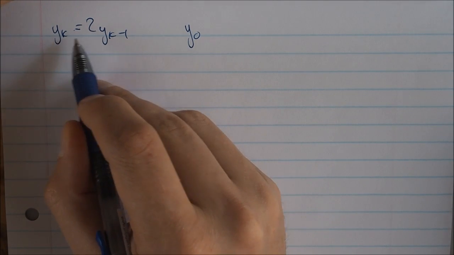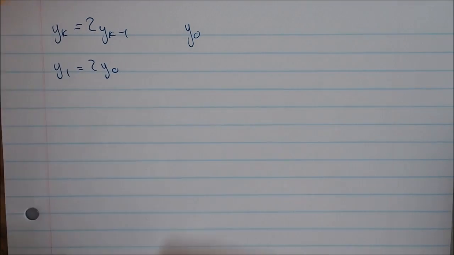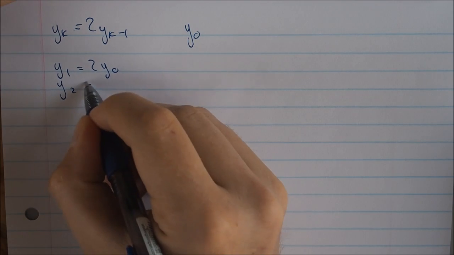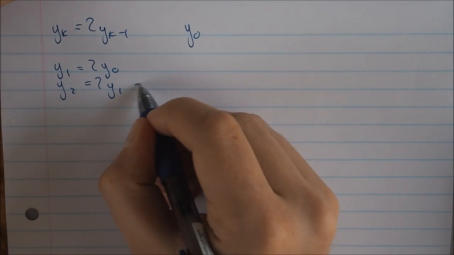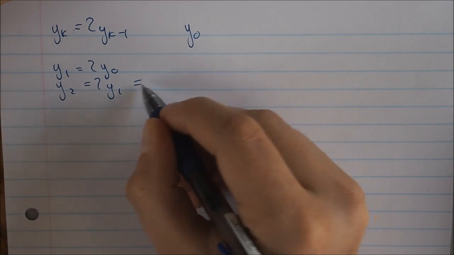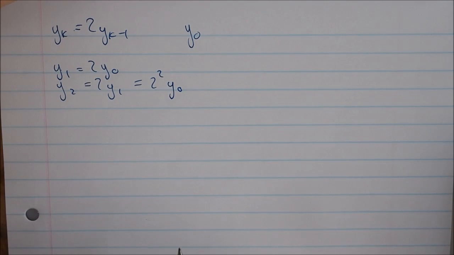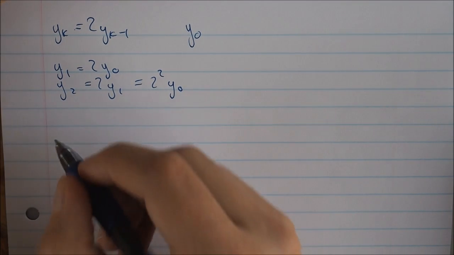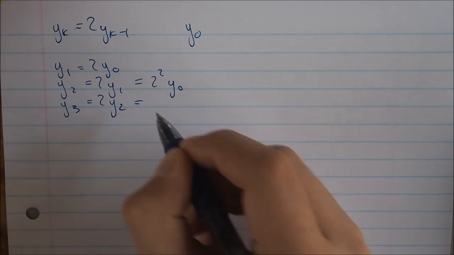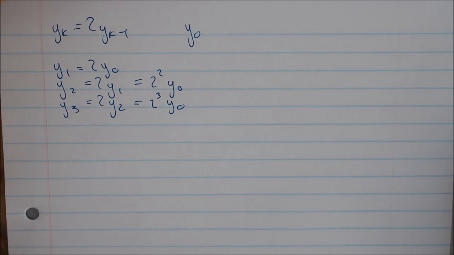So y1 is going to be equal to 2y naught. Okay, y2 is equal to 2y1, which is equal to, substitute this into here, I get 2 times 2 is 2 to the 2 y naught. Okay, y3 is equal to 2y2, which is equal to 2 times this thing here, so it's going to be 2 to the 3 y naught.